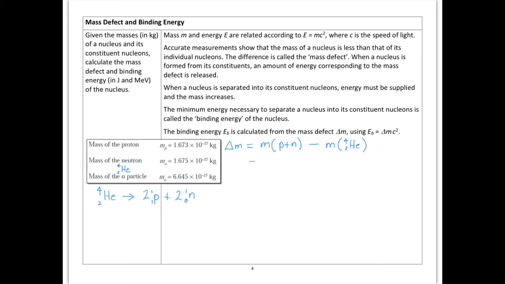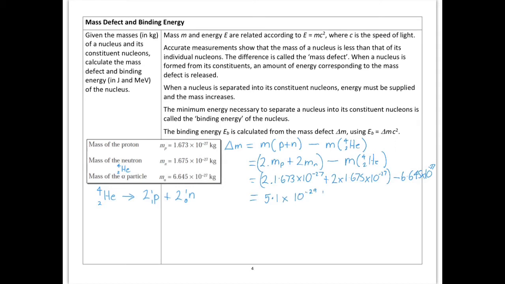So that would be equal to 2 times the mass of a proton plus 2 times the mass of a neutron, subtract the mass of the helium nucleus, which is equal to 2 times 1.673 times 10 to the minus 27 plus 2 times 1.675 times 10 to the minus 27, subtract 6.645 times 10 to the minus 27, straight from that table on the other side, and we get, in that case, a mass defect of 5.1 times 10 to the minus 29 kilograms.